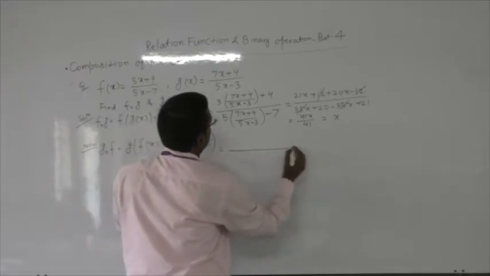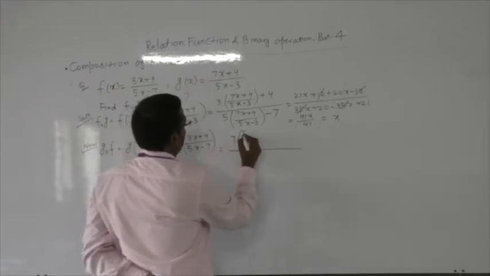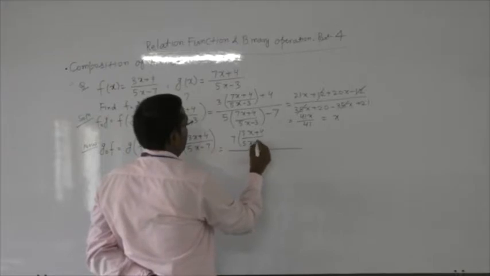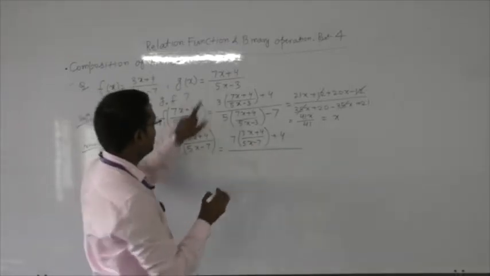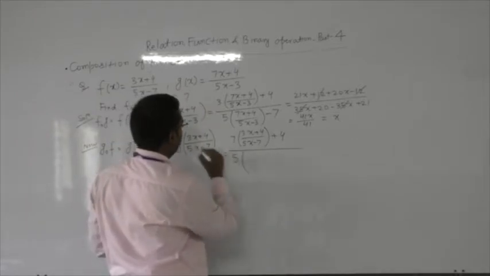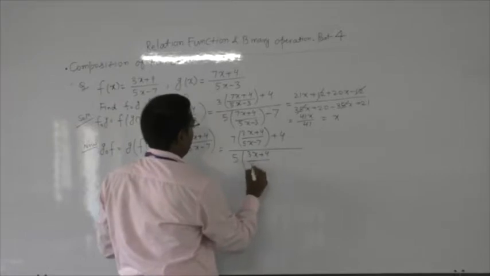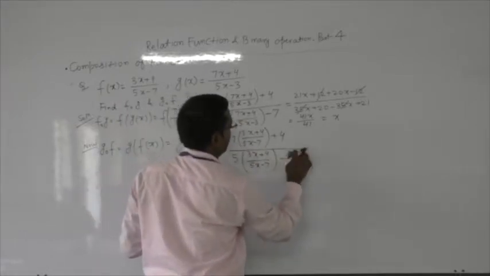We will get 7 into this whole (3x plus 4) by (5x minus 7) plus 4, whole divided by 5 into this whole factor (3x plus 4) by (5x minus 7) minus 3.